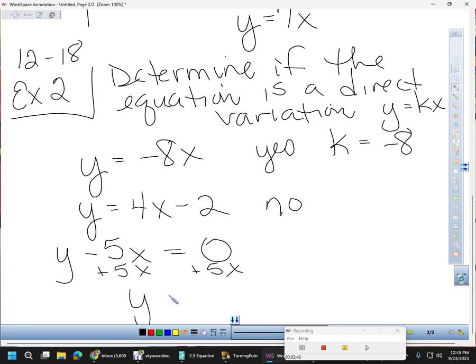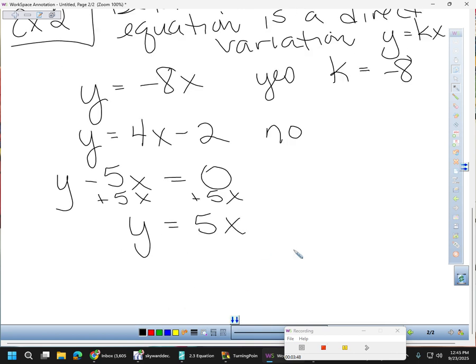I get y equals 5x. Is this a direct variation? It is. We say yes. Hopefully we say yes. And k equals 5. Okay? Any questions? Awesome. All right. Now to the next part.